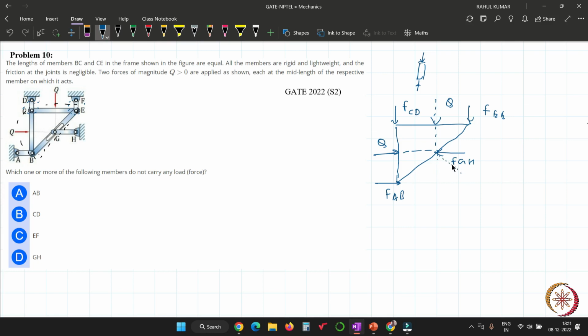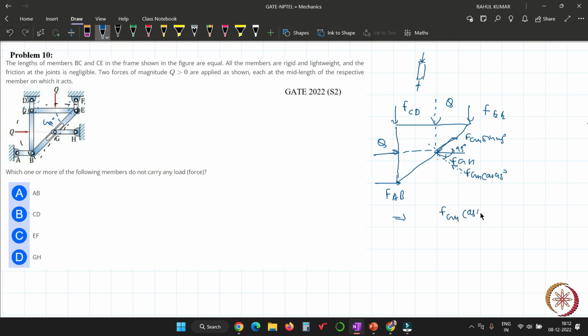Here FGH is definitely 0, because if you resolve FGH into two components in the perpendicular directions, here the angle is 45 degrees, because all members are equal length. So FGH cos 45 degrees, and here FGH sin 45 degrees. Now if we apply equilibrium in this direction, what will be the equation?